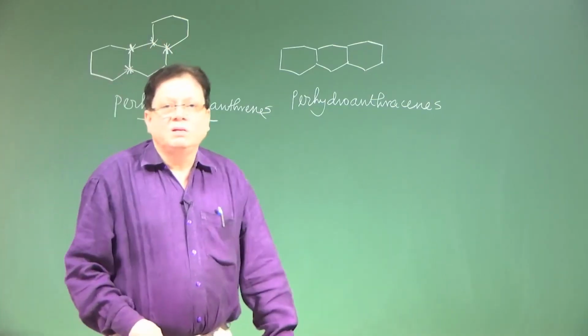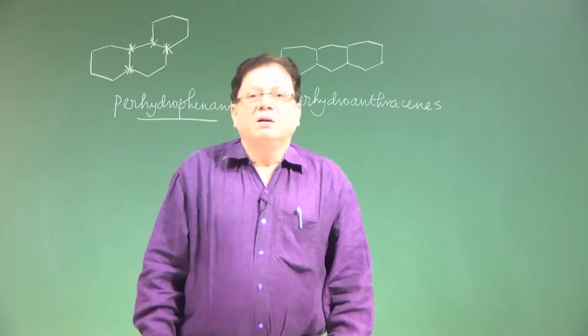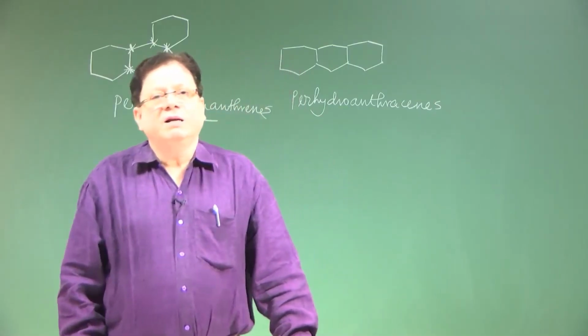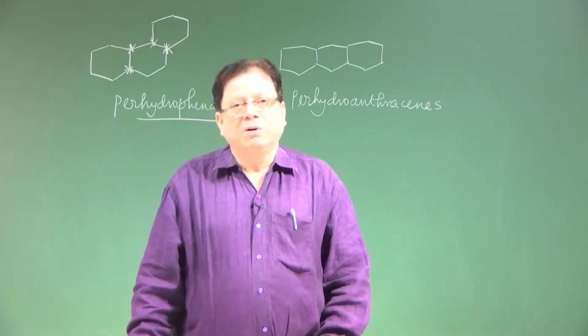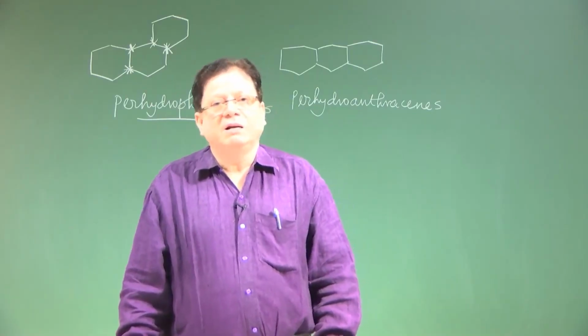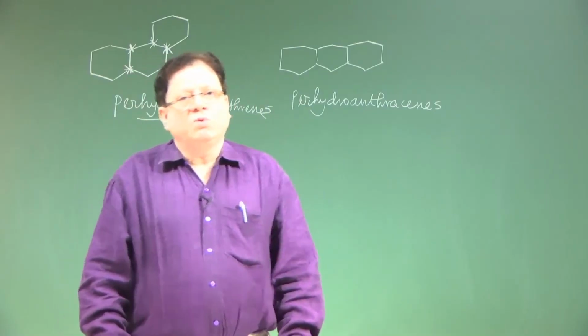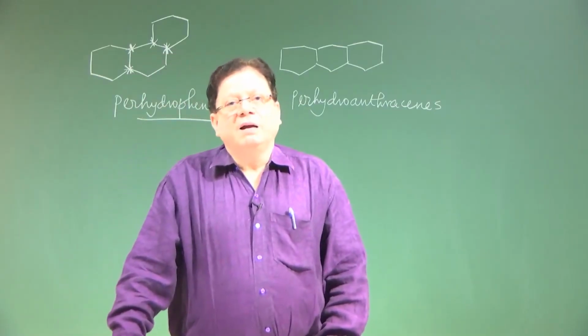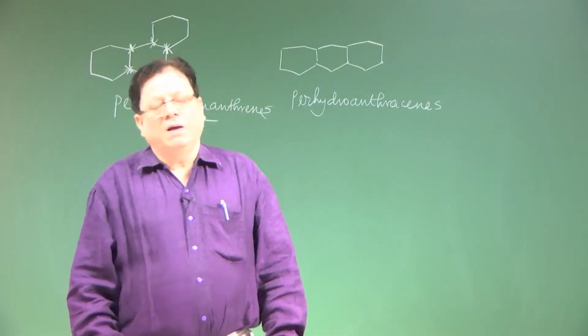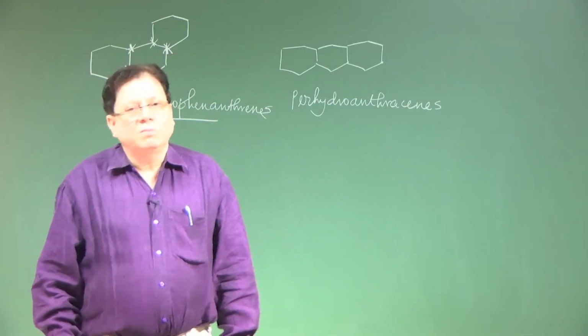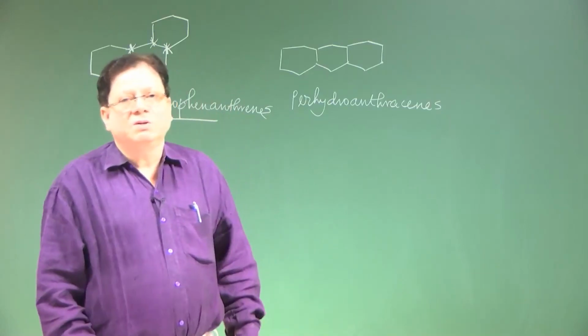So, these are the four, and we know that if there are four stereogenic centers, the stereogenic center that we are talking about is the sp3 stereogenic center, that means the erstwhile chiral center. That generally gives rise to 2 to the power n stereoisomers.